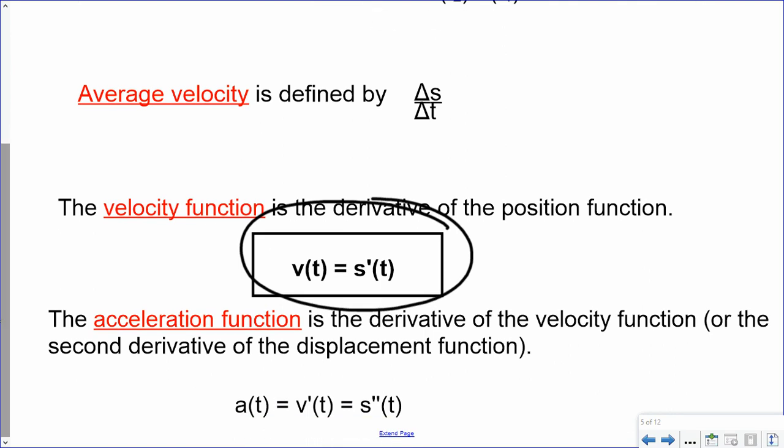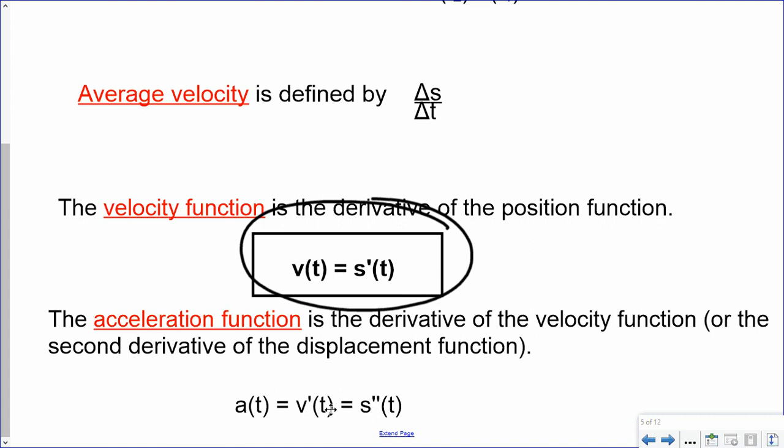Now in physics, in grade 11 physics and in grade 12 physics, you guys take this a little step further. You find acceleration on a given interval. So the acceleration of a particle or an object in motion is represented with the derivative of the velocity, right? It's a change in the velocity function, or rate of change in the velocity function.